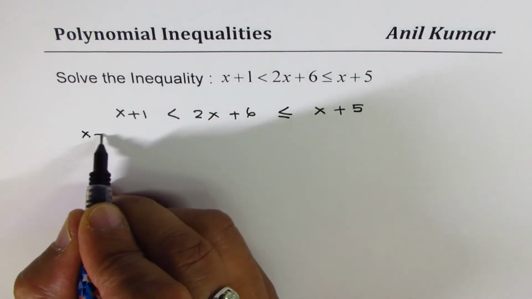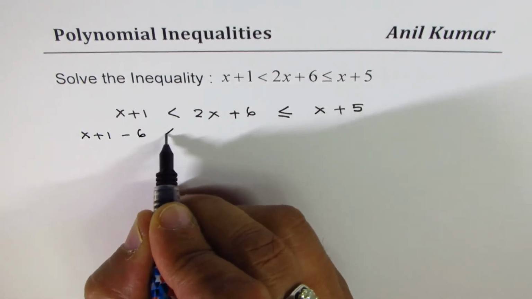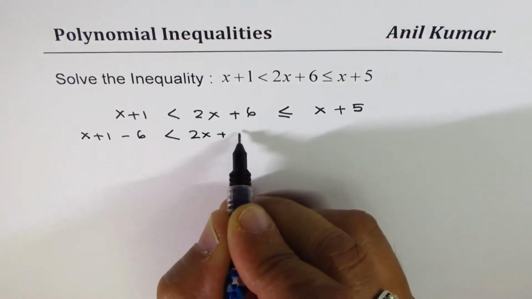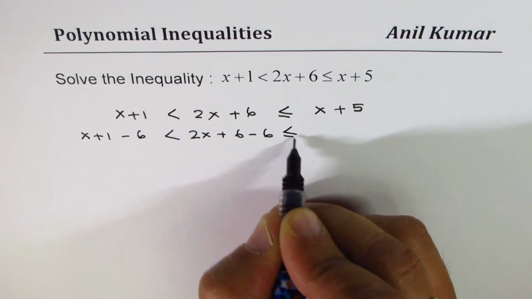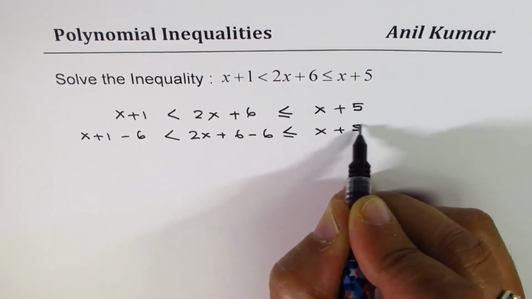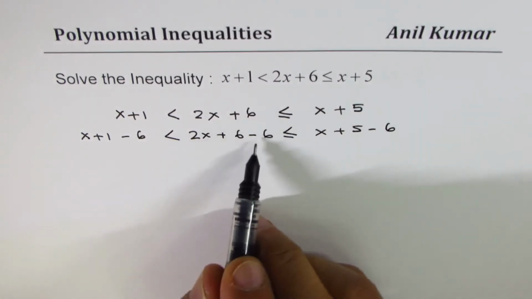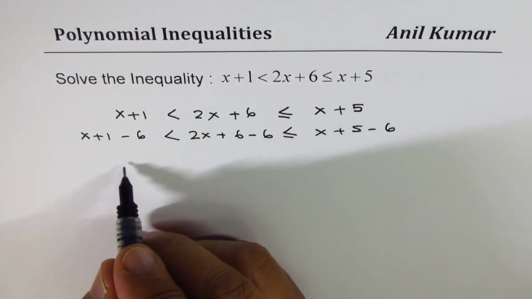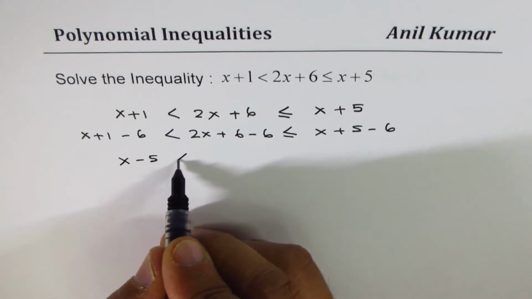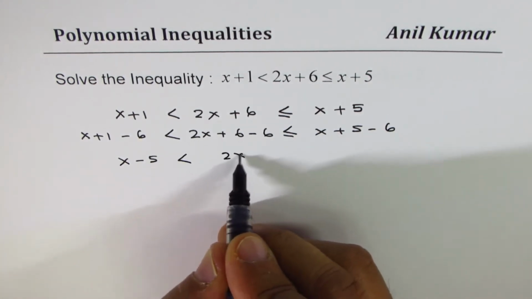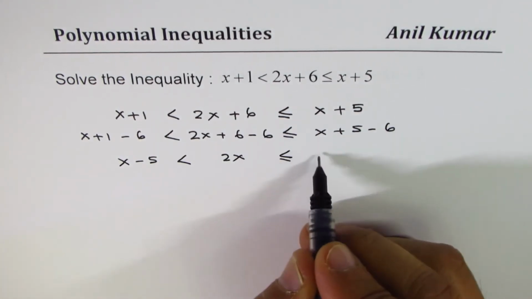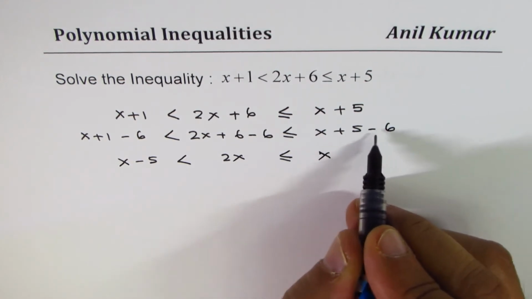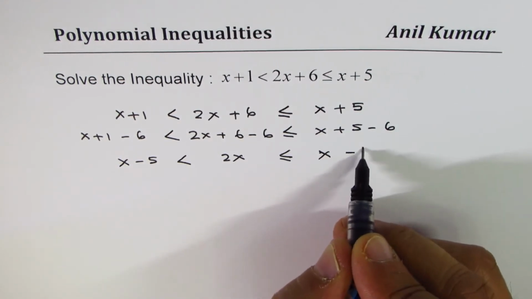We could write this as x plus 1 minus 6, 2x plus 6 minus 6, and x plus 5 minus 6, correct? So we have subtracted 6 from each term. What do we get? We get x minus 5, and we get 2x in the center. Do you see that? And here we get x, and 5 minus 6 is minus 1.